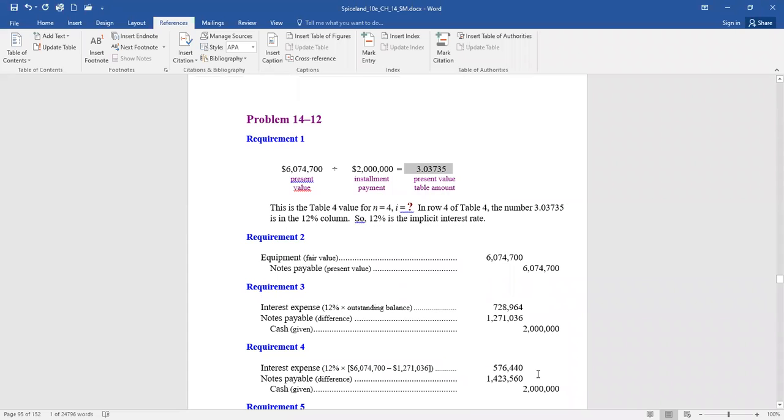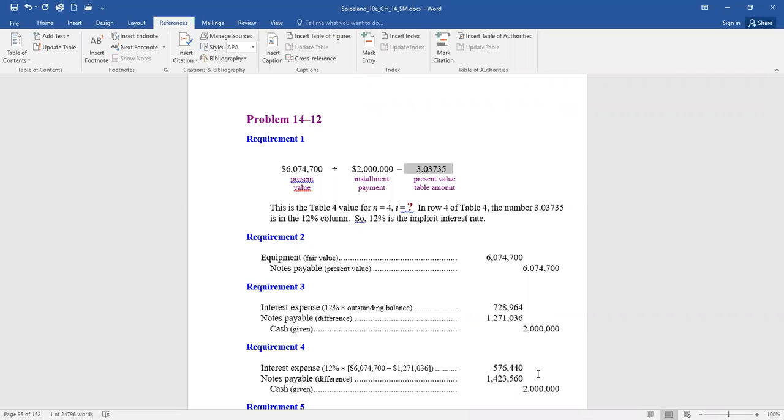Interest expense is always calculated on the outstanding balance of the note, just like we do with the bond. Take $6,074,700 original principal, subtract the amount of principal that decreased it last year. Let me make sure I did that right.